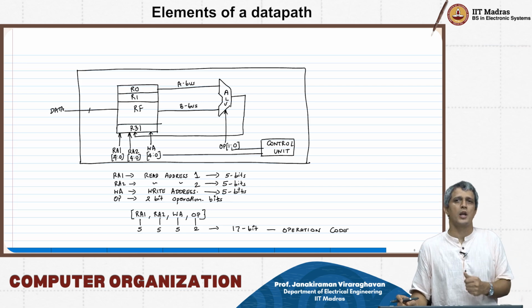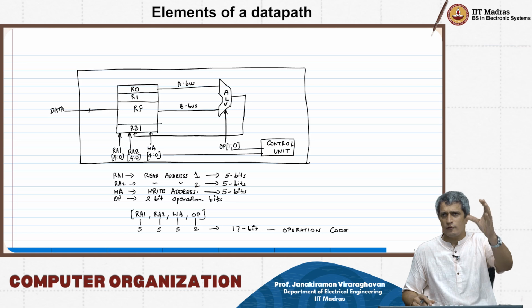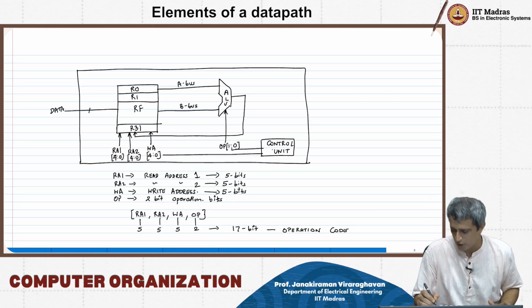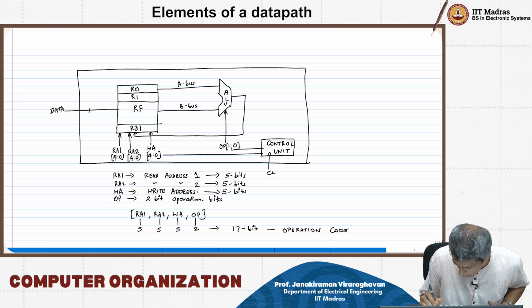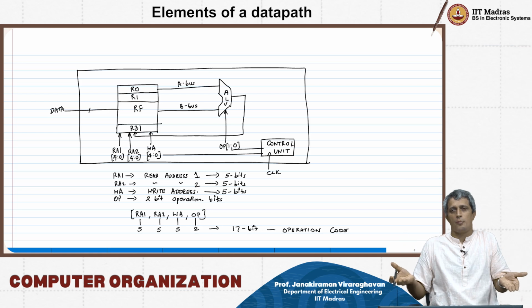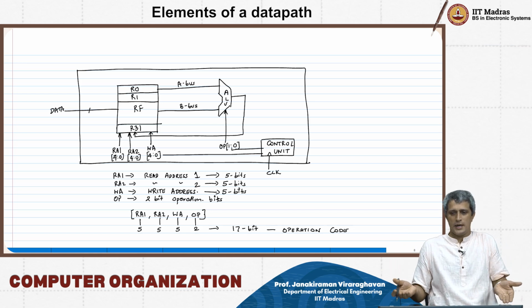If I want only a fixed sequence of operations, this control unit can be a simple state machine that takes the clock and generates a sequence of operations.